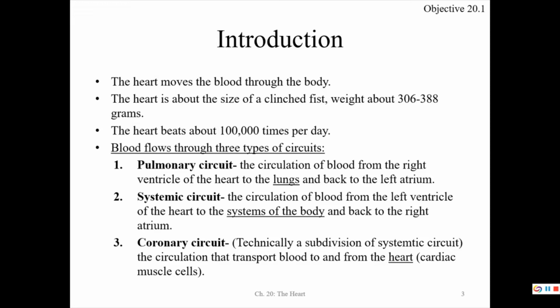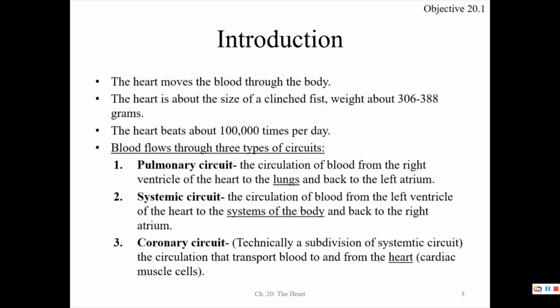But there's something big I want to focus on here, and that is the 3 circuits. Technically, the coronary circuit is a subdivision of the systemic circuit, but we are going to treat it as its own very special circuit, for a reason that becomes apparent to us. I want to emphasize what these circuits do.